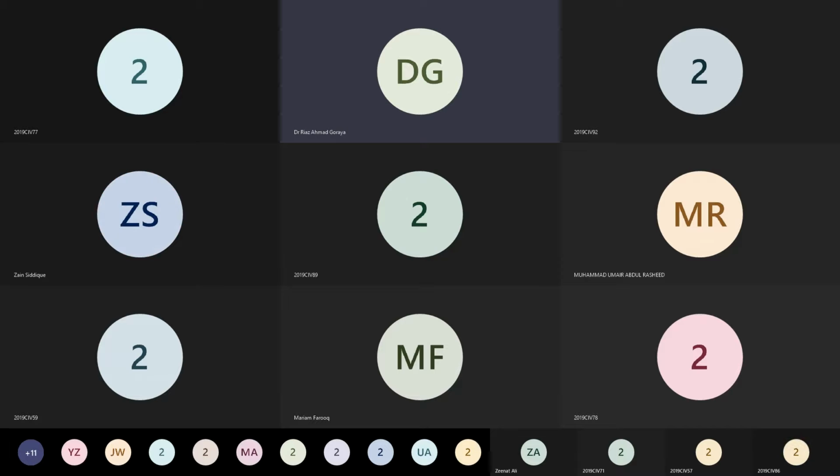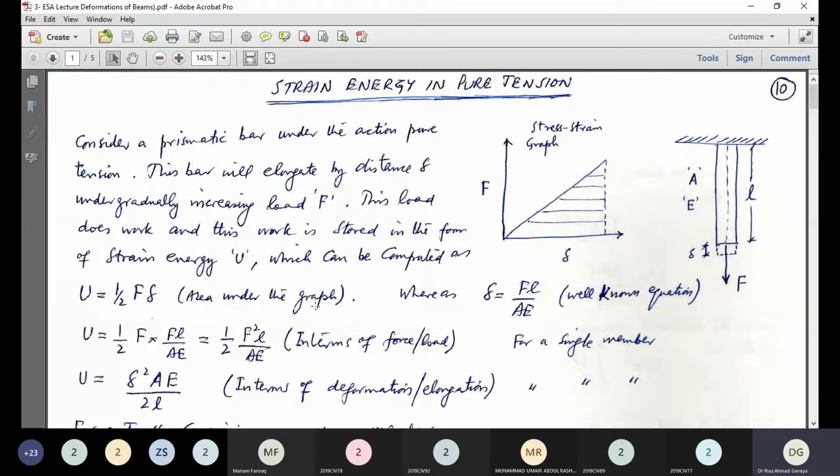So I'm going to share the screen. Before we start how to compute the deformations in simple beams, there are some basic concepts related to this aspect.